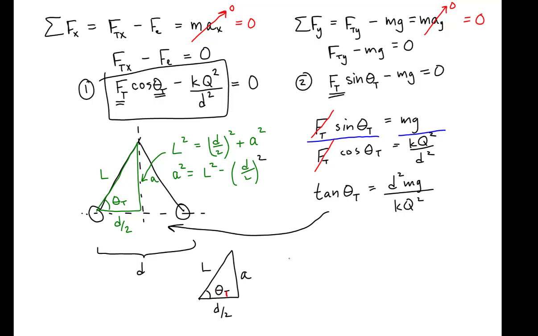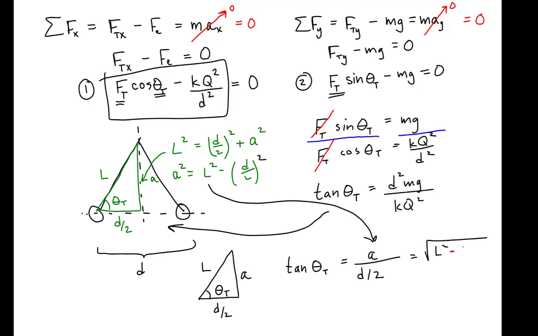You know from trigonometry that the tangent of that angle is equal to the opposite side over the adjacent side. Earlier, we solved for the square of that opposite side. So we could write that opposite side as the square root of L squared minus d over 2 squared, over d over 2.